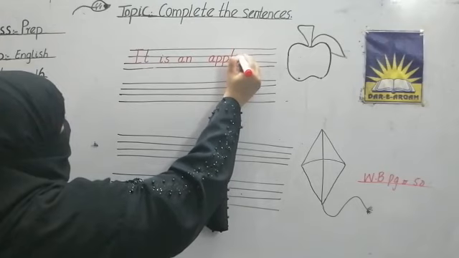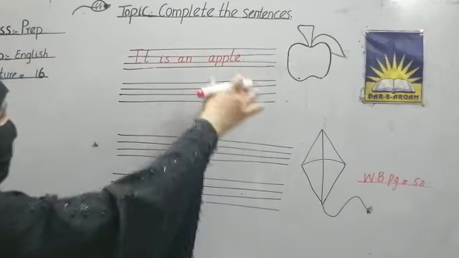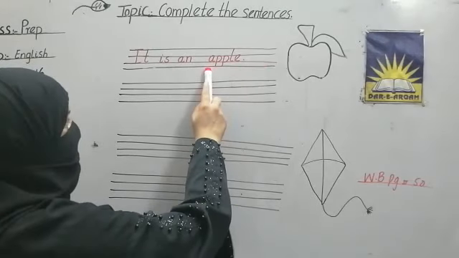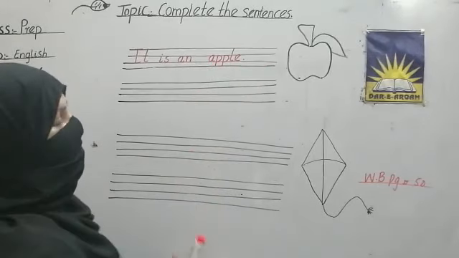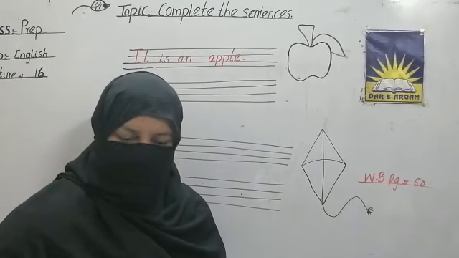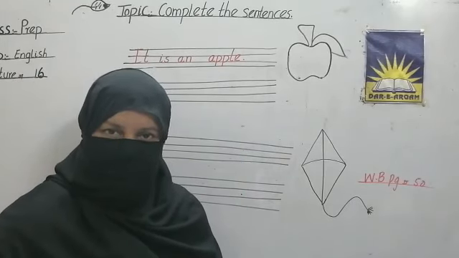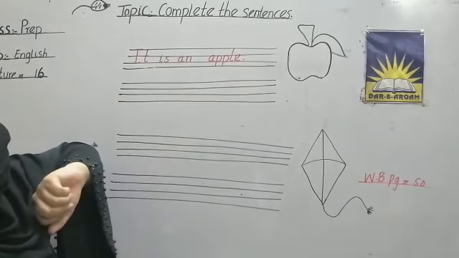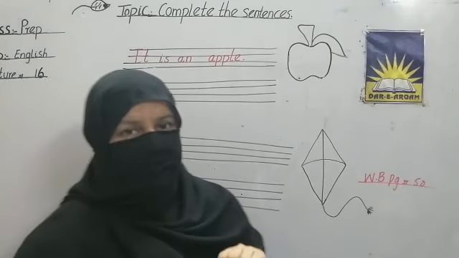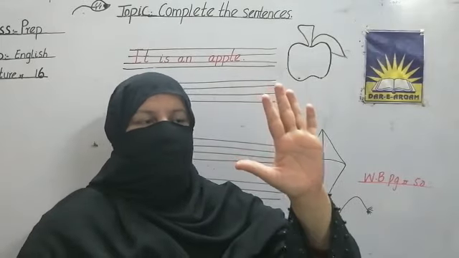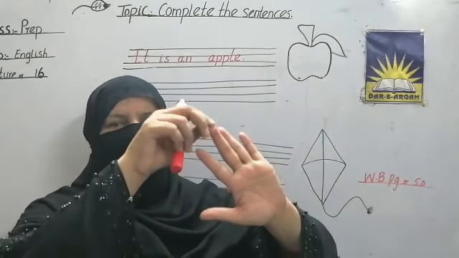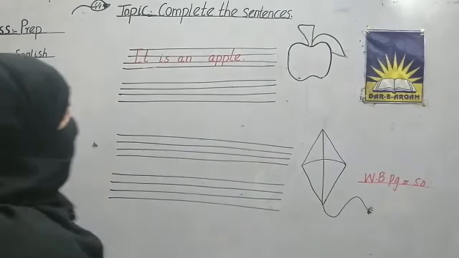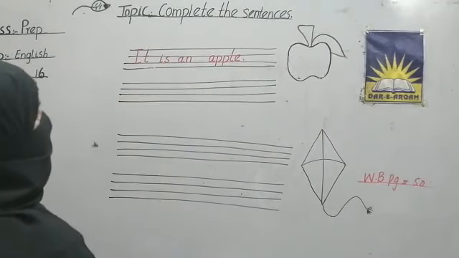Why do we use an here? Because the word apple starts with the letter A and letter A is a vowel. Clear, students? How many vowel letters? 5. A, E, I, O, U. So that's why I use an here.